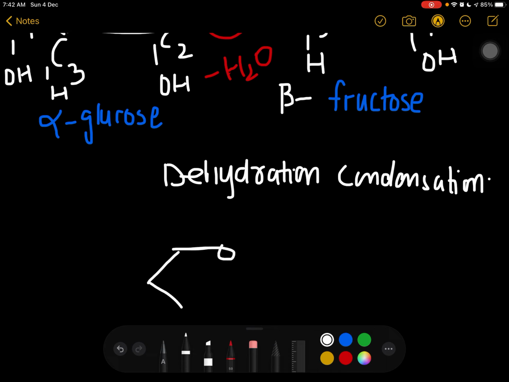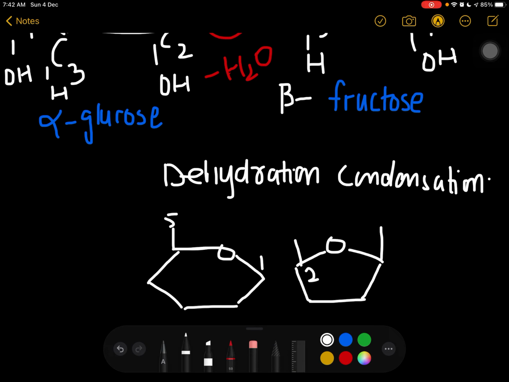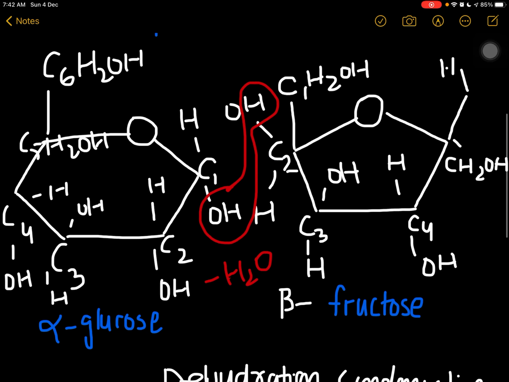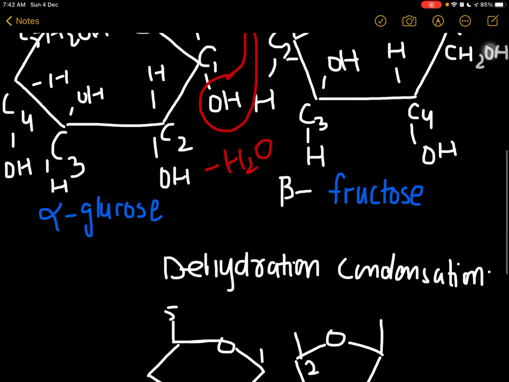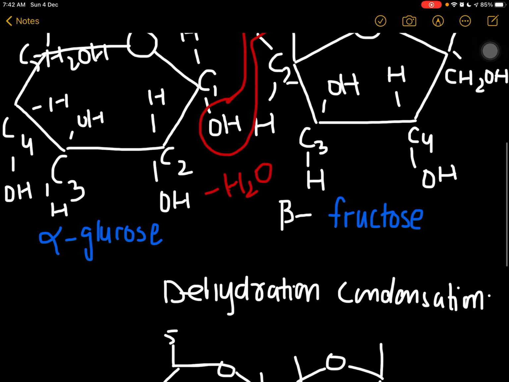Consider this glucose, right? Here we are having carbon number 5, right? Over here now we are having like this. So this is carbon number 1, this is carbon number 2. So they will form a bond which will be like, wait a minute, oxygen from this, right?